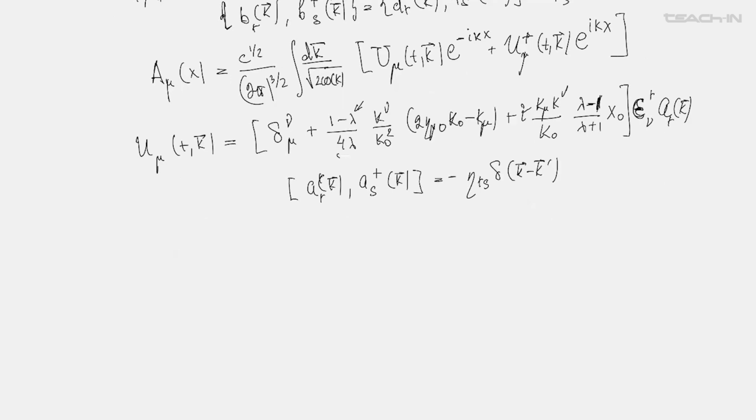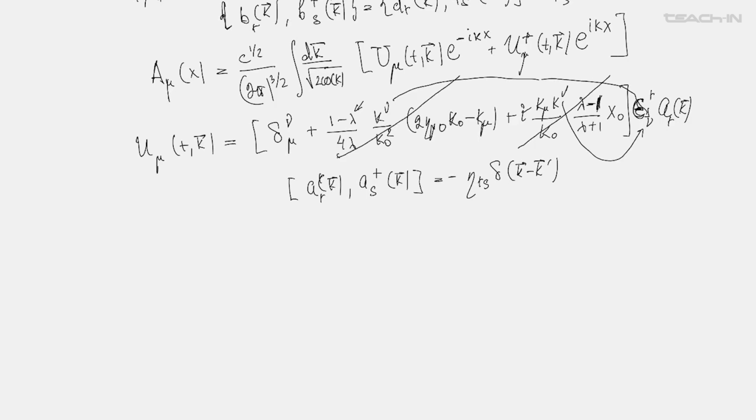The terms here which are proportional to k nu, multiplied with this polarization vector as well, create longitudinal and time-like photons only. Therefore, for scattering amplitudes with external states made of transverse photons only, these terms are not important. These terms do not contribute. They just disappear if you don't have longitudinal and time-like photons in the external states.